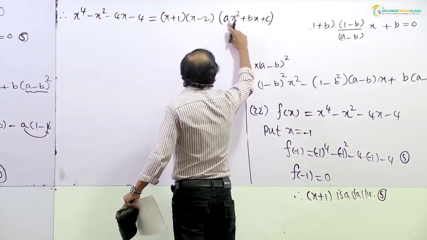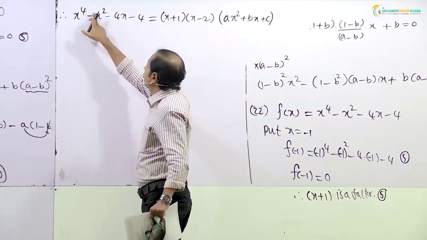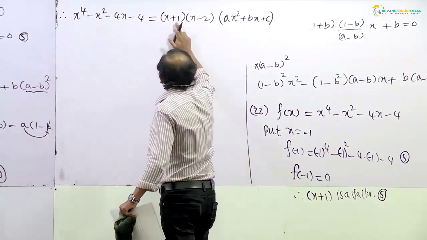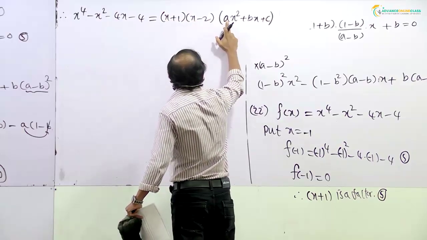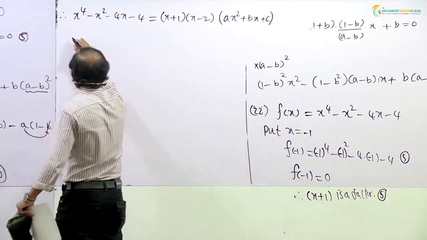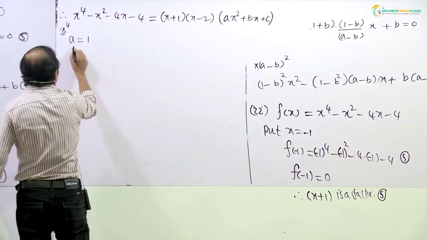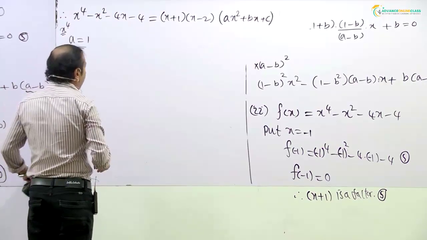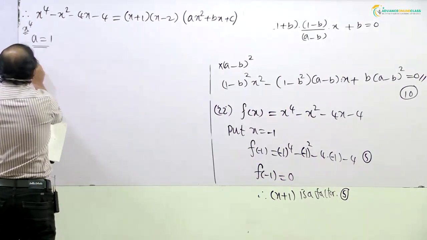Right. Here this a, when we compare x to the power 4 coefficient, left hand side 1, right hand side x to the power 4 comes in when you multiply this and this, then we get a equals 1, by comparing x to the power 4 coefficients.